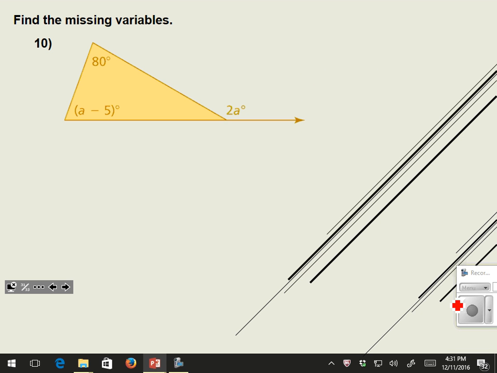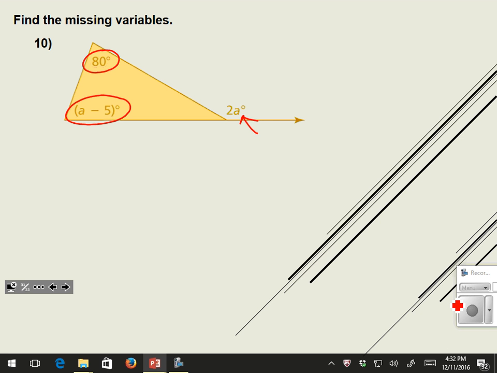For the second number 10, that's the hardest problem here. So, remote interior angle, remote interior angle. This is the exterior angle. What do we know about the 2 remote interior angles? They add up to the exterior angle.